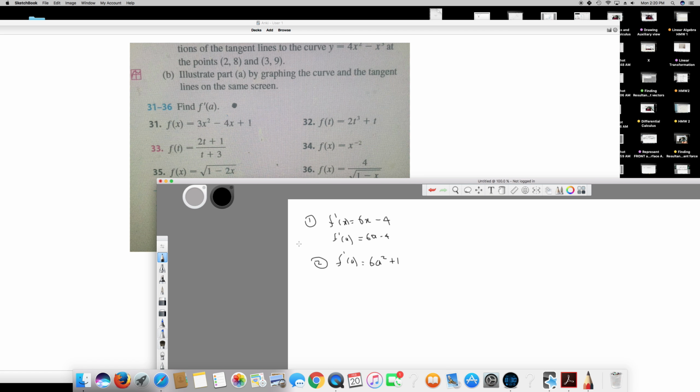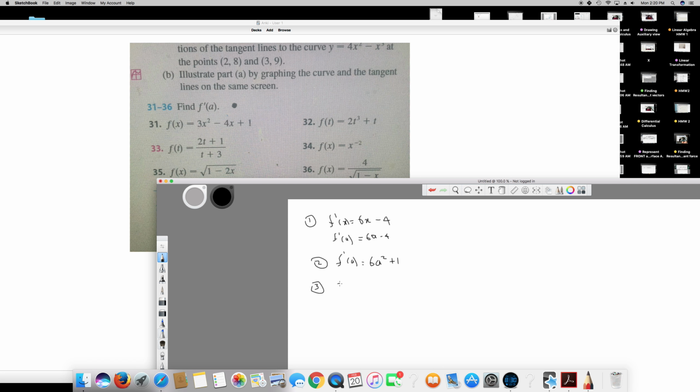And the third question, if you see something dividing each other, we have to use the quotient rule. The quotient rule says first we have to find the derivative of the top value and multiply by the bottom value. So the derivative of this is going to be 2 times 1, t to the power of 1 is going to be 1, so 1 multiplied by 2, 2, and 1 minus 1 is going to be 0, so it's just 2.